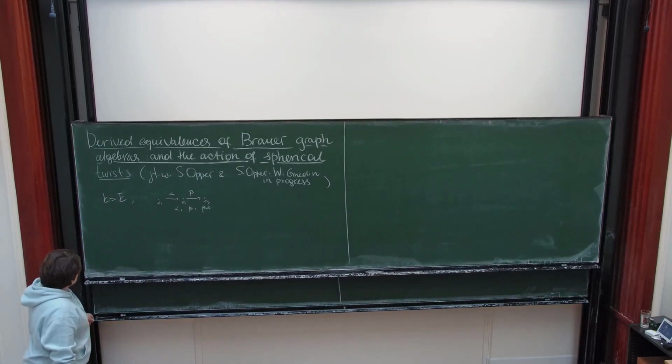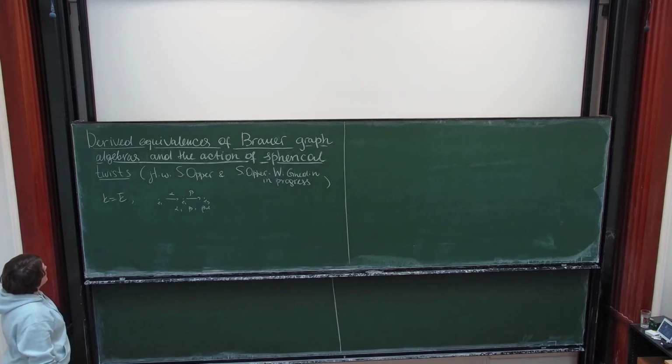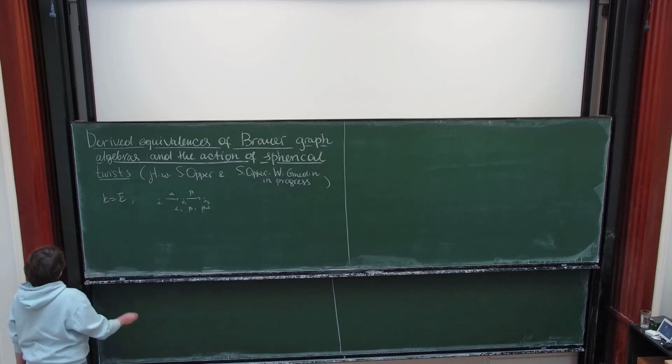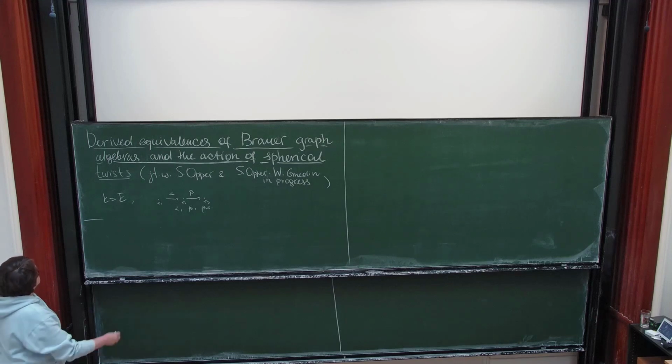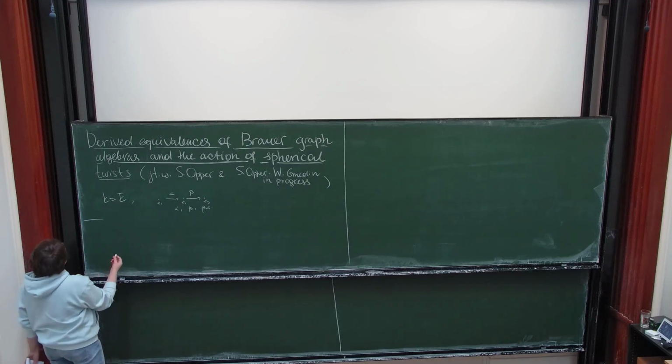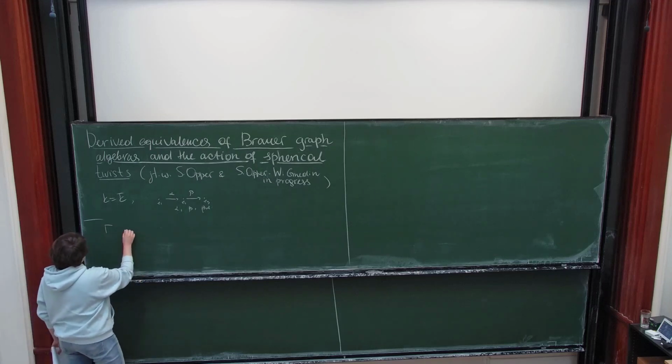So let me start by defining what the Brauer graph algebra is, and it is going to be given as a path algebra of a quiver with relations, as I said. So the input data to define a Brauer graph algebra is going to be a graph, gamma, which is a ribbon graph.